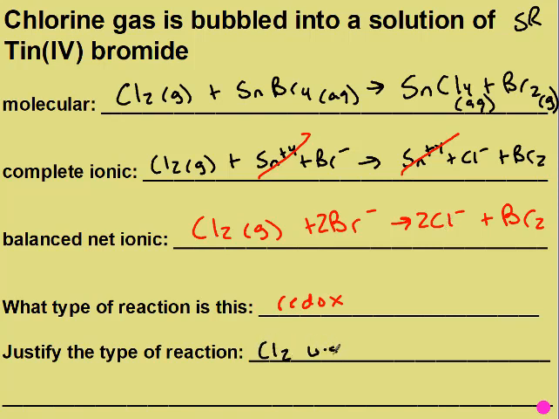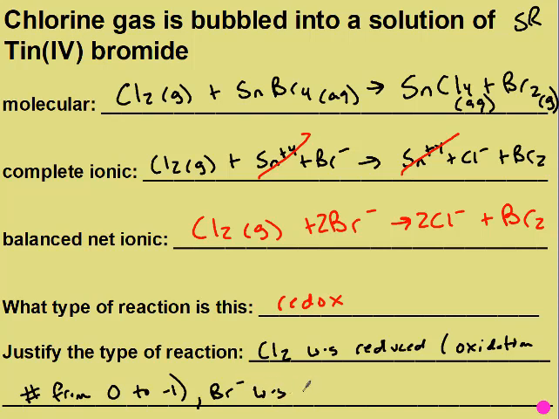So chlorine was reduced. Oxidation number from 0 to -1. Br negative was oxidized. It went from a -1 to a 0.